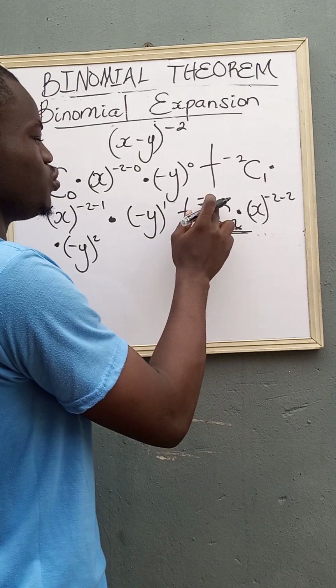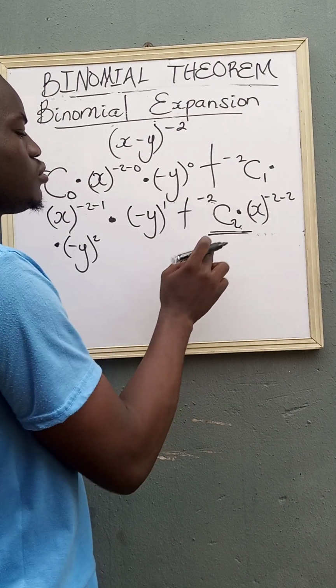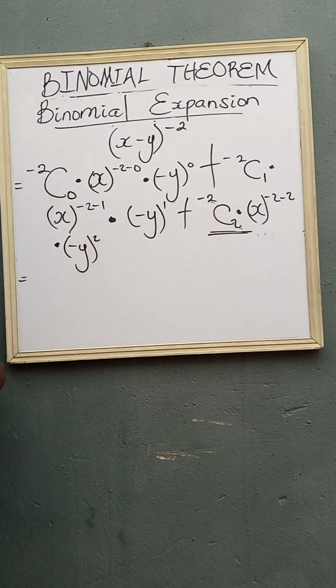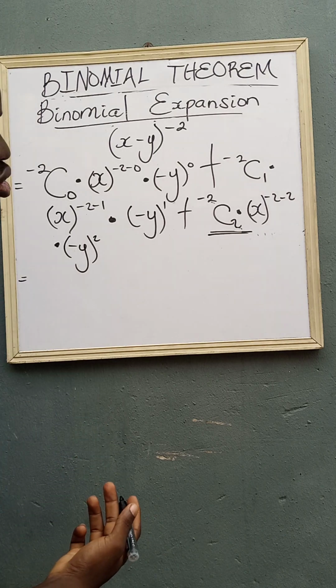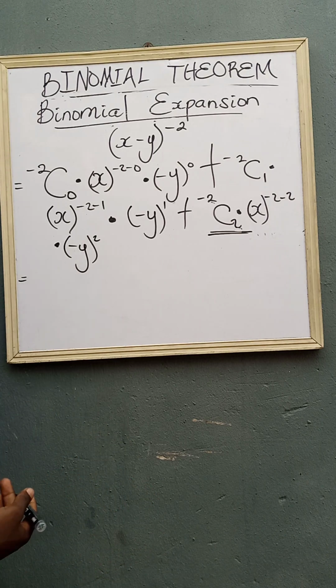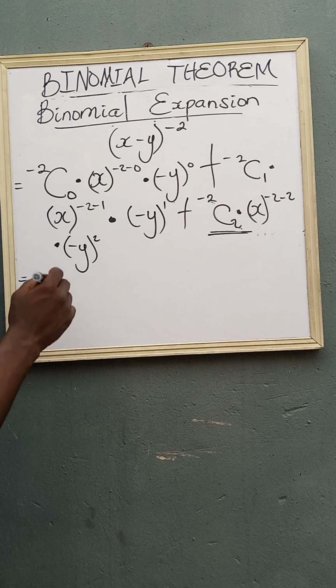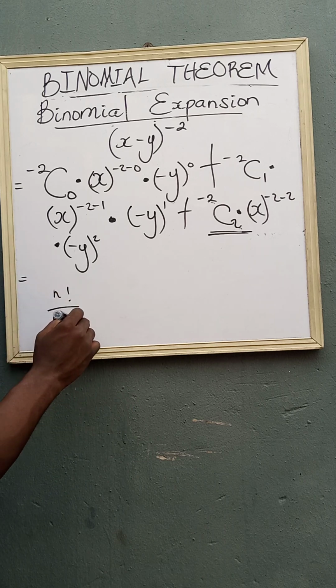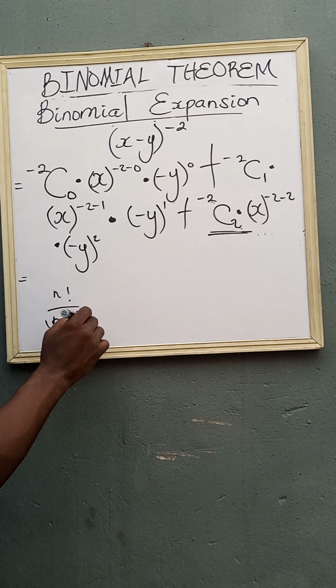Alright, so let's expand this. Minus 2 combination 0. Tap that on your calculator. Combination is n factorial over n minus r factorial, then r factorial.